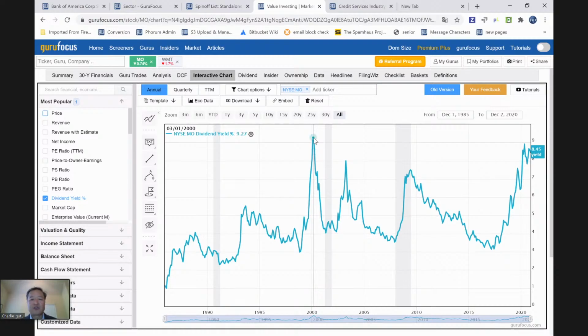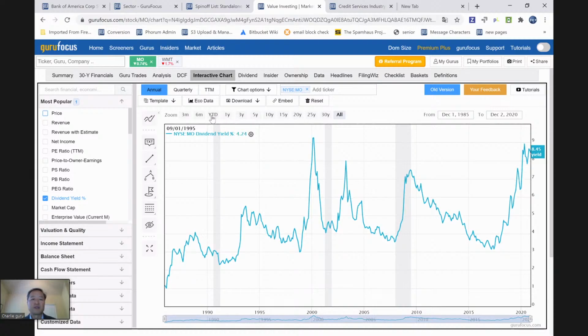I can see that during the year 2000, the dividend yield was the highest, about 9.27%. And at that time, of course, we had a tech bubble. And this year, the dividend yield was about as high as it was like 2 months ago.